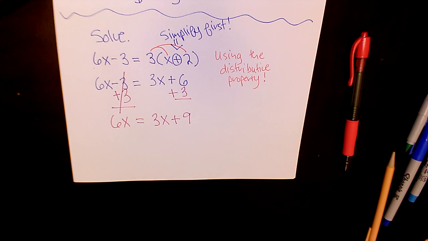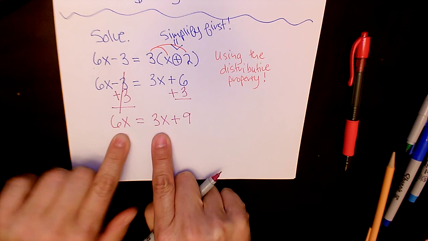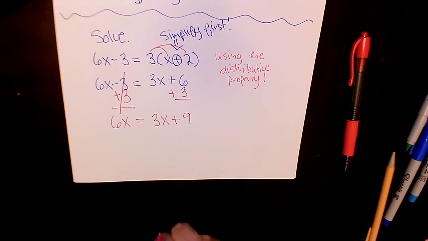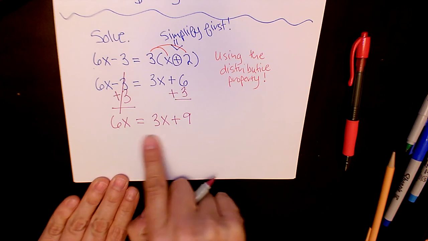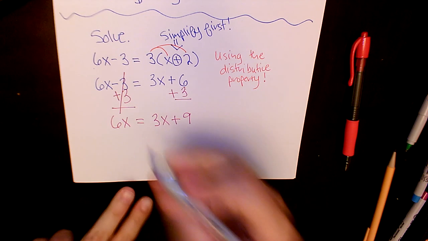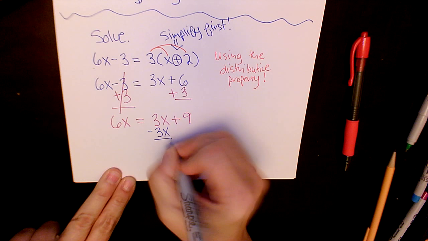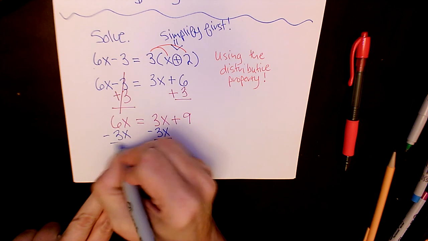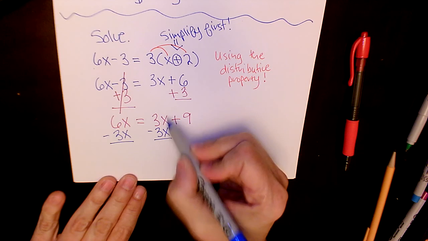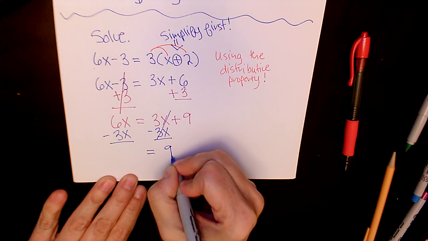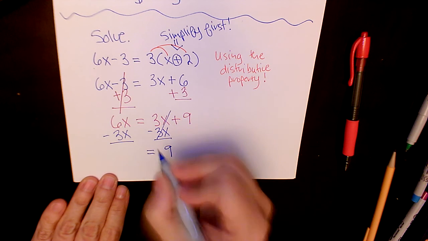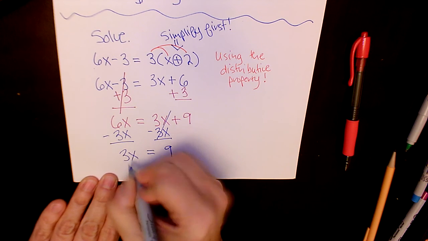And then I'm going to do a repeat of step 2, and I am going to either get rid of my 3x or my 6x. I want all my x's on one side, so I think I'm going to start on this side, and I'm going to subtract 3x from both sides. So my 3x's drop out, and 6x minus 3x is 3x.